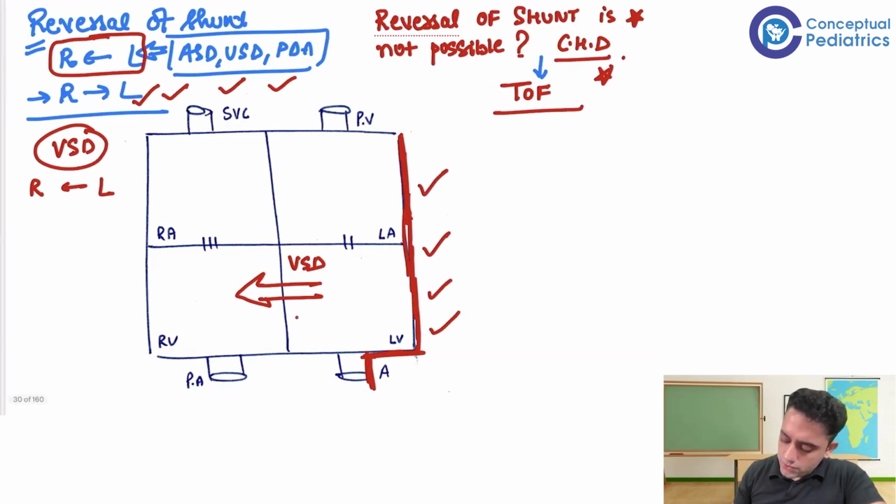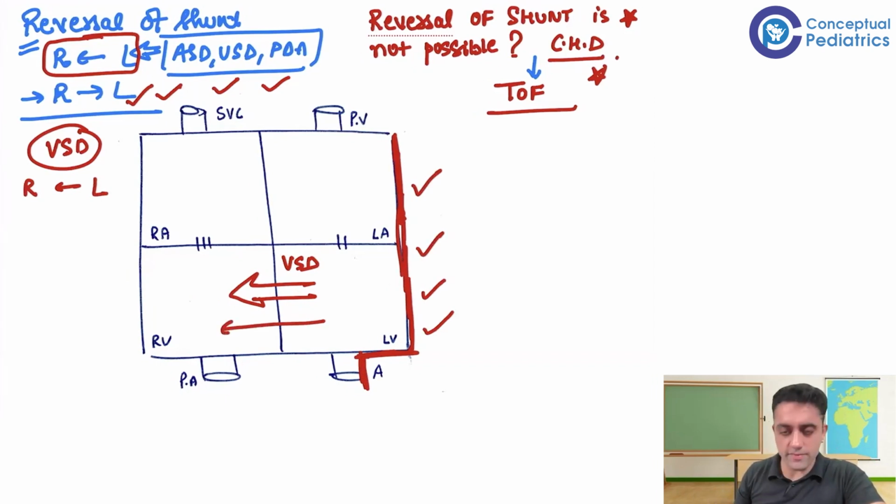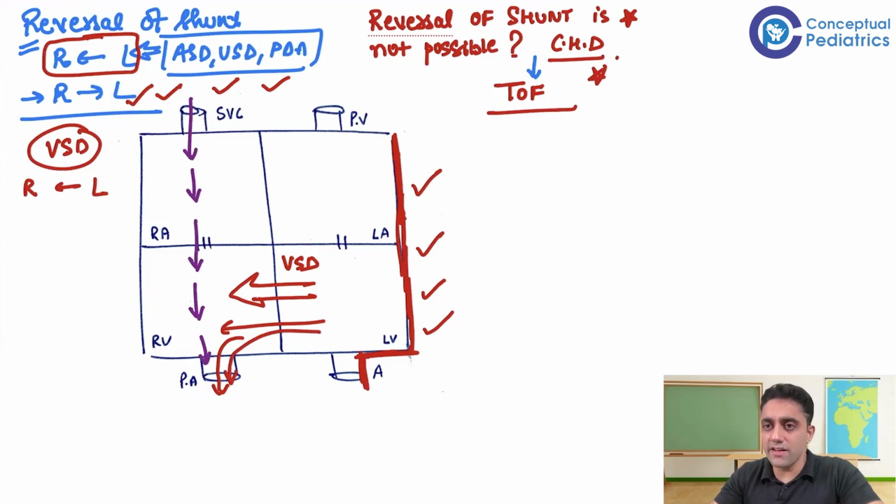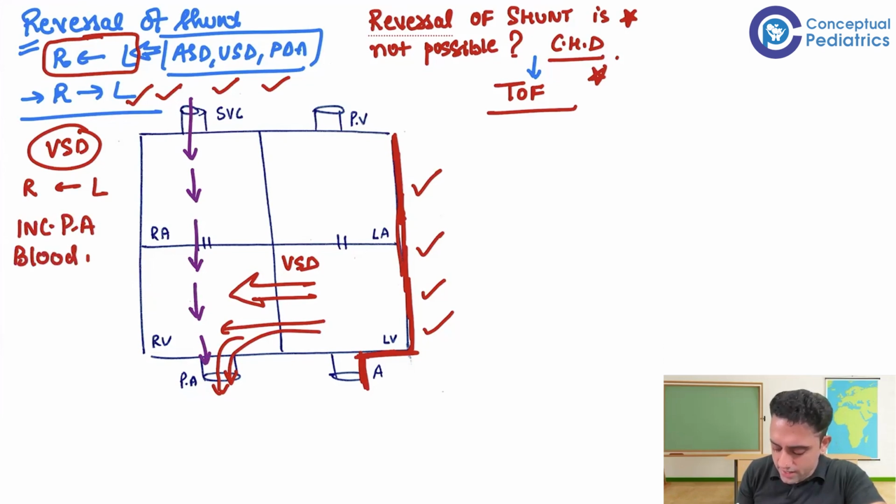So more and more blood will go from left to right, which means more and more blood enters the pulmonary artery. From the superior vena cava and inferior vena cava also, the blood is normally entering the pulmonary artery. Now from the left side to the right side, blood is also entering the pulmonary artery. So there is increased pulmonary artery blood flow.